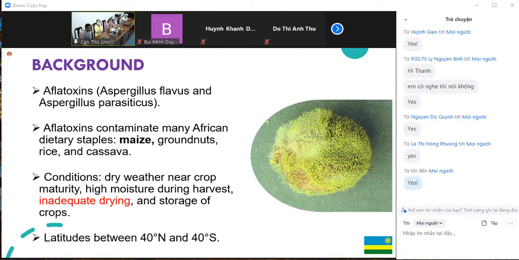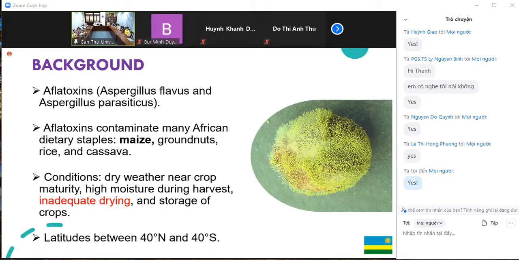Aflatoxin contaminates many African dietary staples, including maize, groundnuts, rice, and cassava. Conditions like dry weather near crop maturity, high moisture during harvest, inadequate drying, and poor storage conditions contribute a lot to the occurrence of aflatoxin.